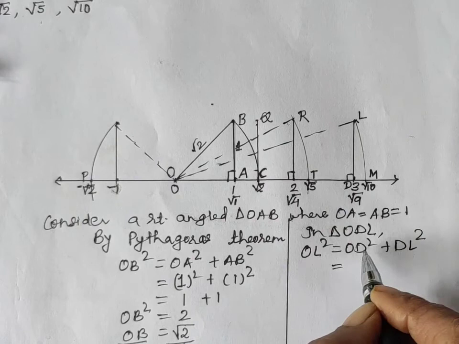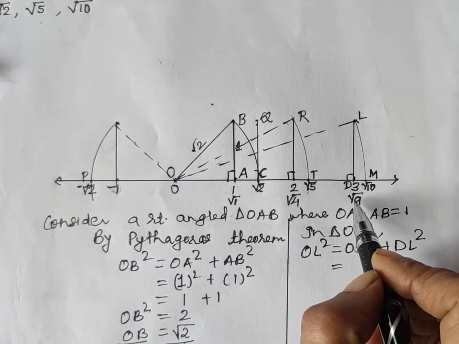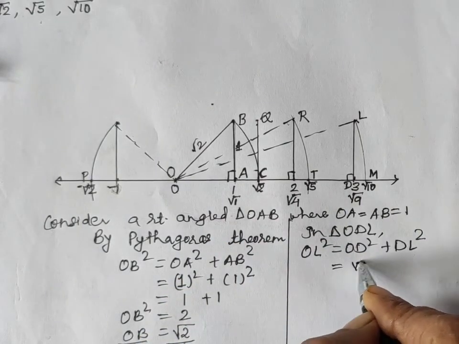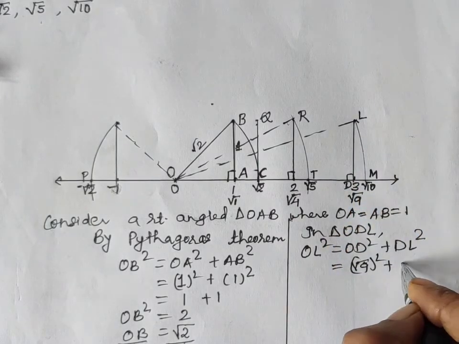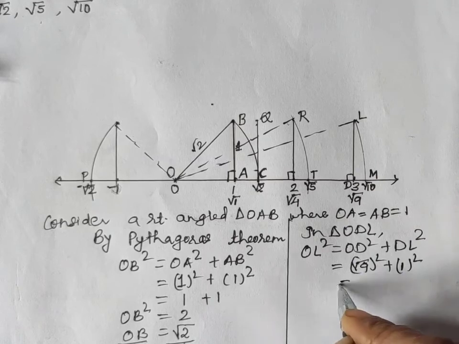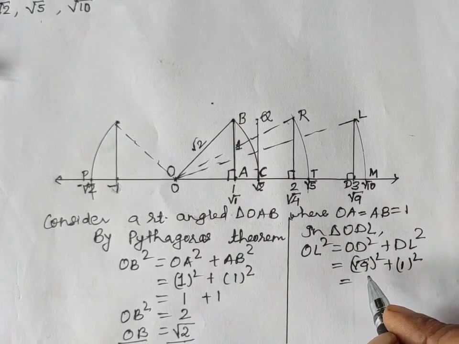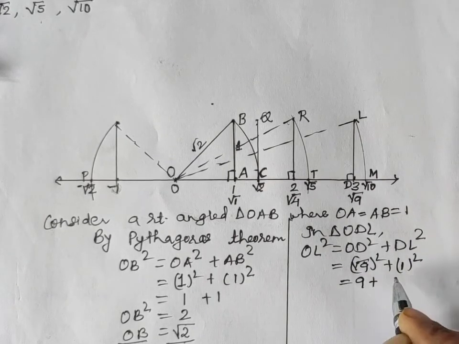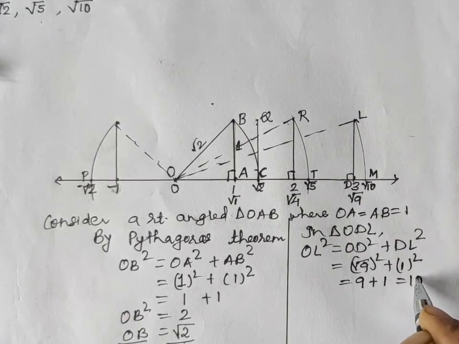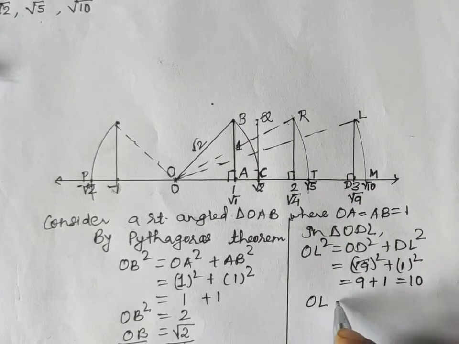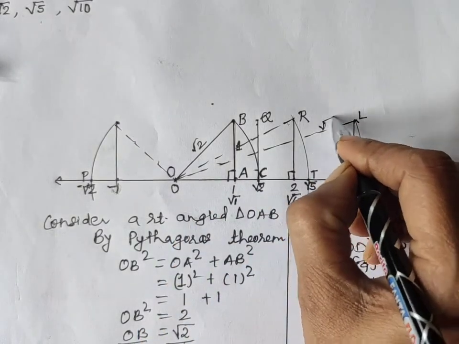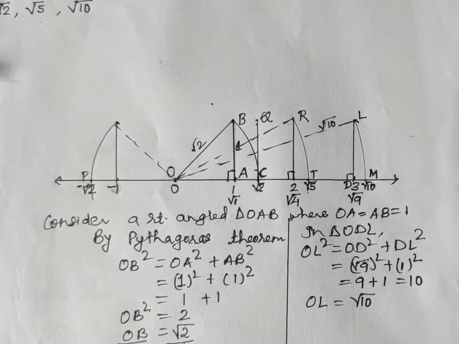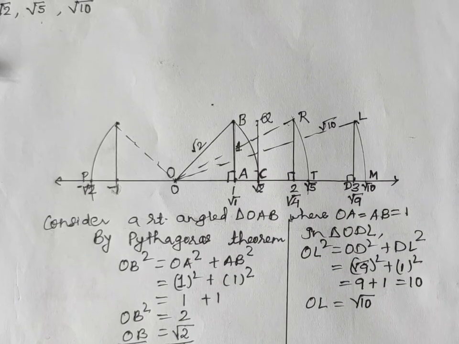Now from O to D, how much is it? Root 9. So root 9 square, and DL is how much? 1 unit, so 1 square. Root 9 square means 9, 1 square means 1, 9 plus 1 is equal to 10, OL square is 10, so OL is equal to what? Root 10. So OL is root 10.